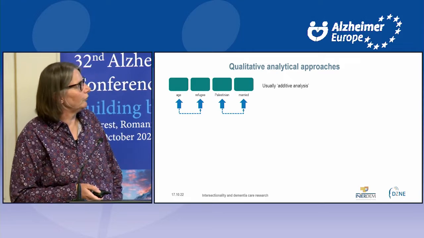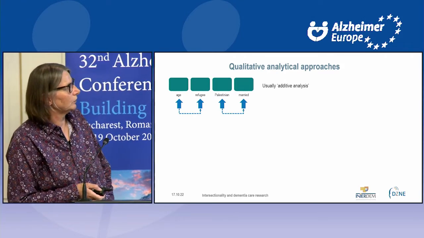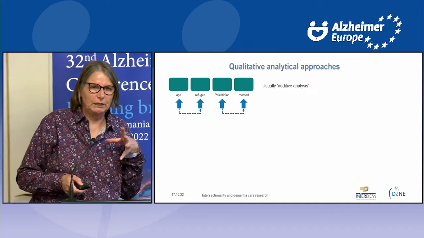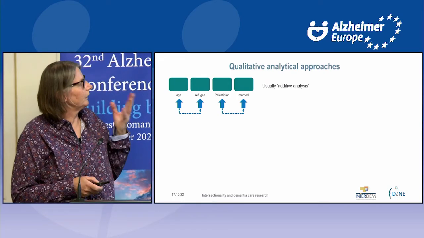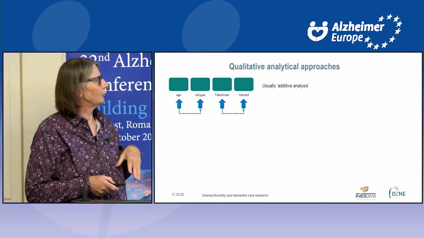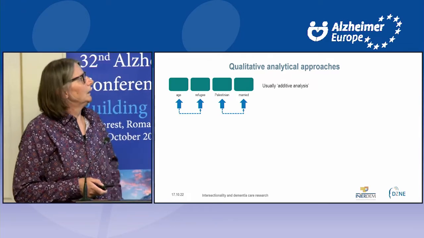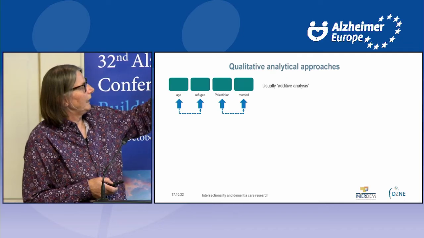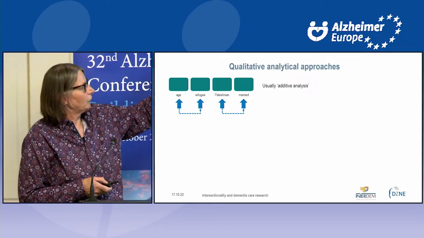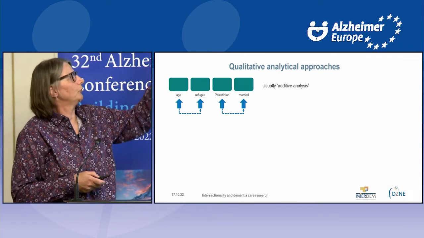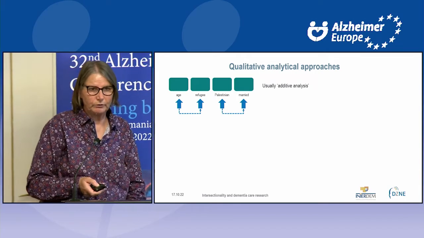So usually when we do qualitative analytical approaches, we have a more additive kind of perspective. We say, well, I combine age with refugee, or I combine age with women, or I combine age with whatever. But we never look at how age influences refugee identity, or how refugee identity has something to do with age.